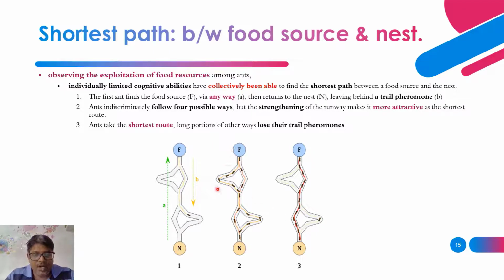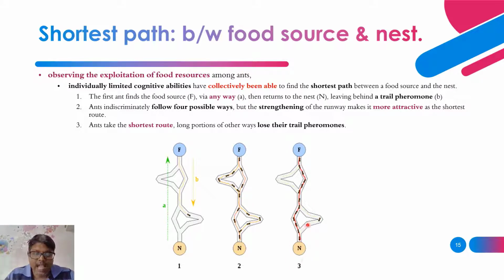You can see out of these four, this is the first path, this is the second path, this is the third path, and this is the fourth path. Out of these four, the third path has been chosen at the end because more pheromones have been deposited in this path, and the pheromone has strengthened the attractiveness of this particular path.